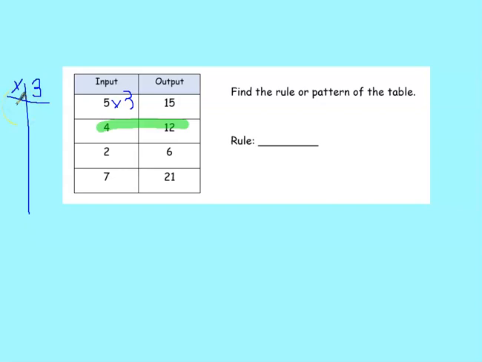So 3 times 4 is 12. Let's look: 1 times 3 is 3. 2 times 3 is 6. 3 times 3 is 9. 4 times 3 is 12.